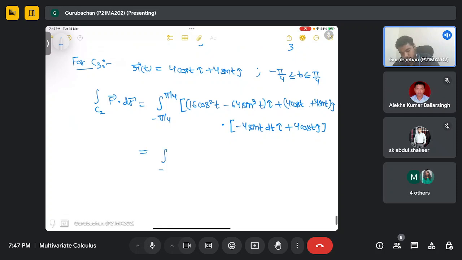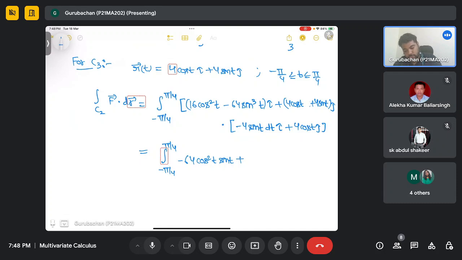Solving a little, we get 64 cos square t sin t. Please check parallelly also. Minus minus will be plus, and this will be minus sign.